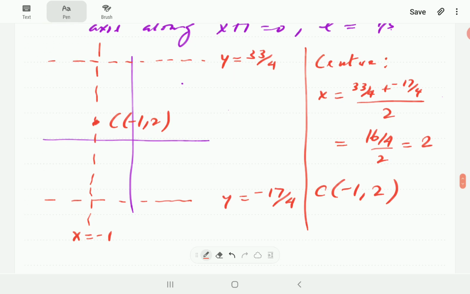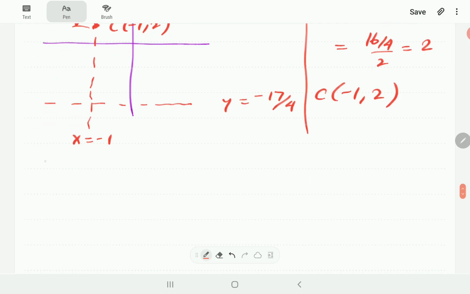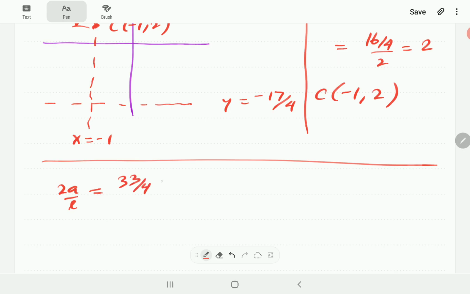We know that the distance from the center to each directrix is A over E, which means the distance between the directrices is going to be 2A over E. That is equal to the distance between those two: 33 over 4 minus negative 17 over 4.